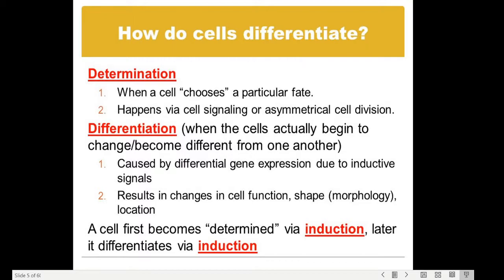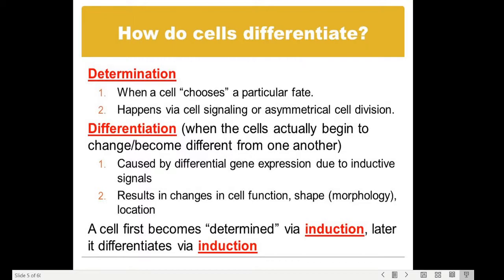The genes express many proteins, and those proteins make signals and communicate with the other cells, inducing cell division. So after the determination, induction happens in the genetic material, and differentiation happens via that induction. Induction is a very important term in the differentiation step.